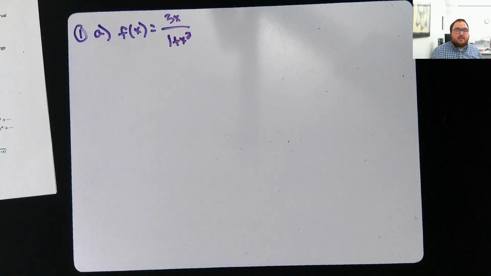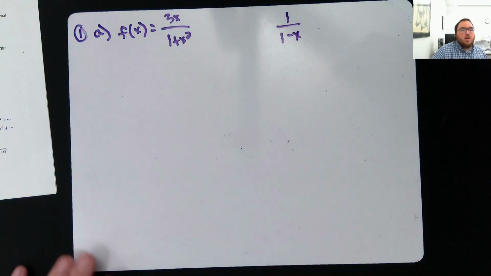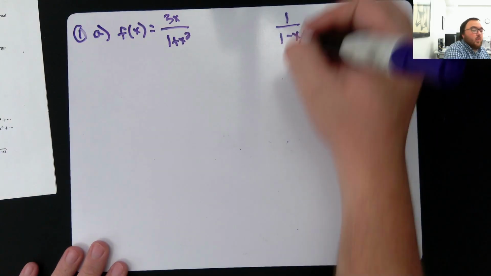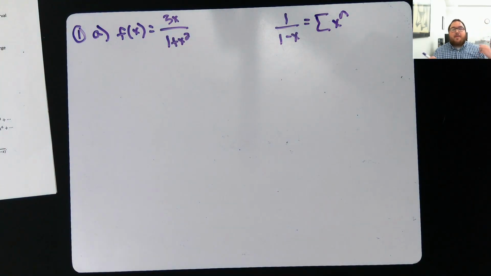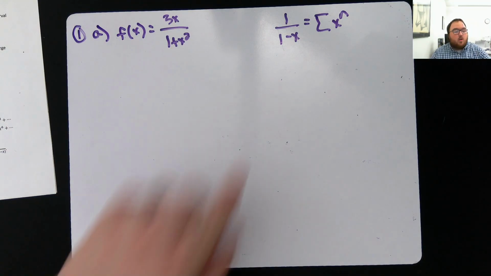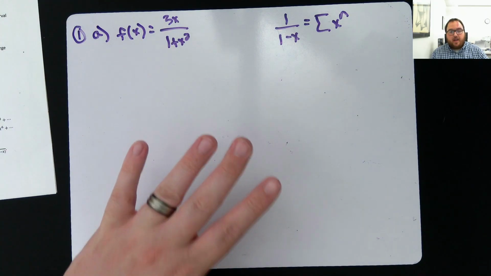And again, what it says is use what I know about 1 over 1 minus x. Well, we know this is geometric 1 over 1 minus r, right? So we know this is the sum of xn. Again, because it is geometric, where my r is equal to x. So I know this, okay?